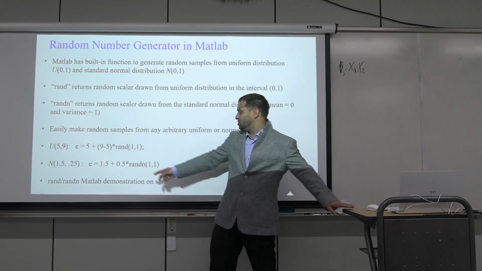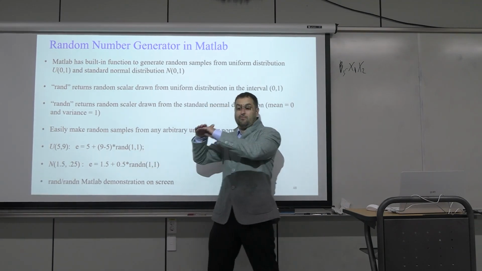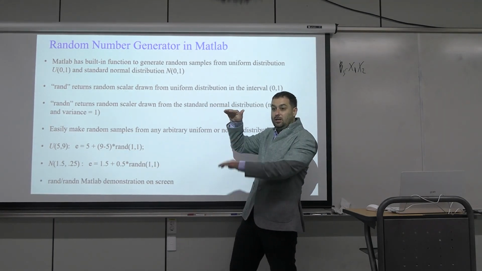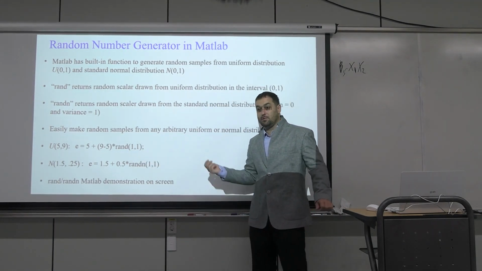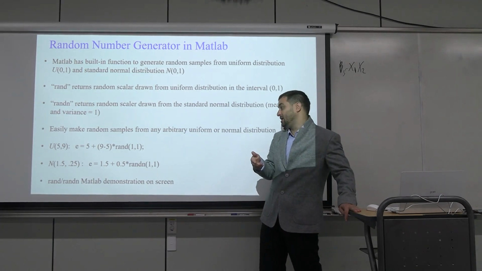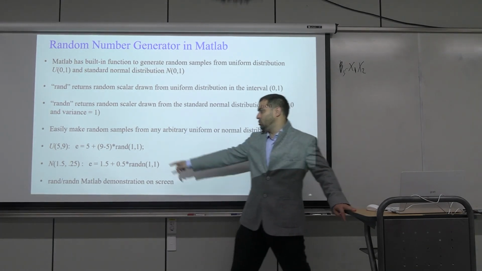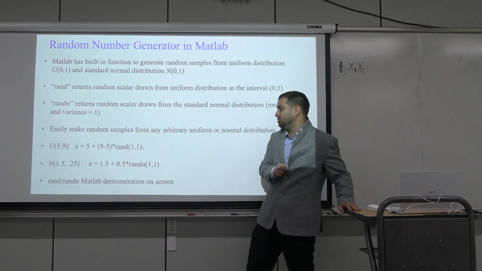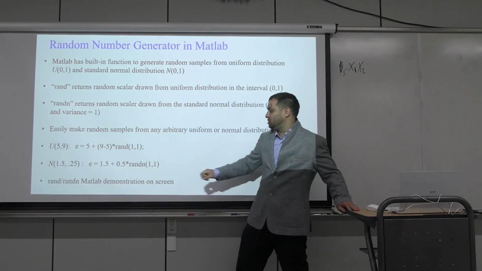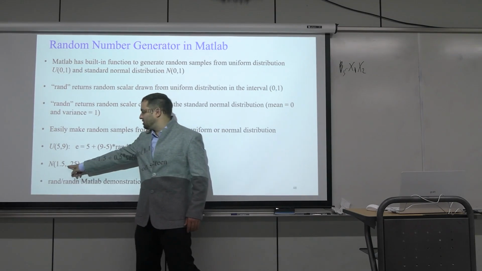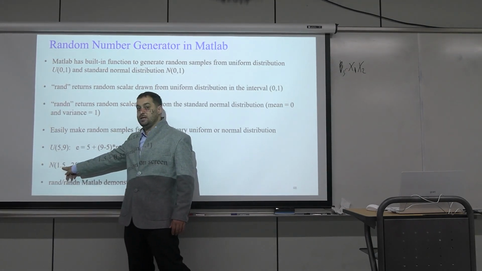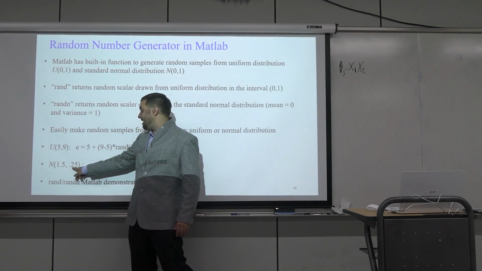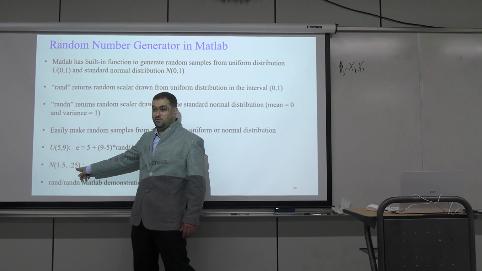You should designate how many random numbers you want. Sometimes, for example, we might want a column vector of random numbers to add to our y values in our data set. For the normal distribution, this example is going to be a normal distribution with mean 1.5 and a variance of 0.25.